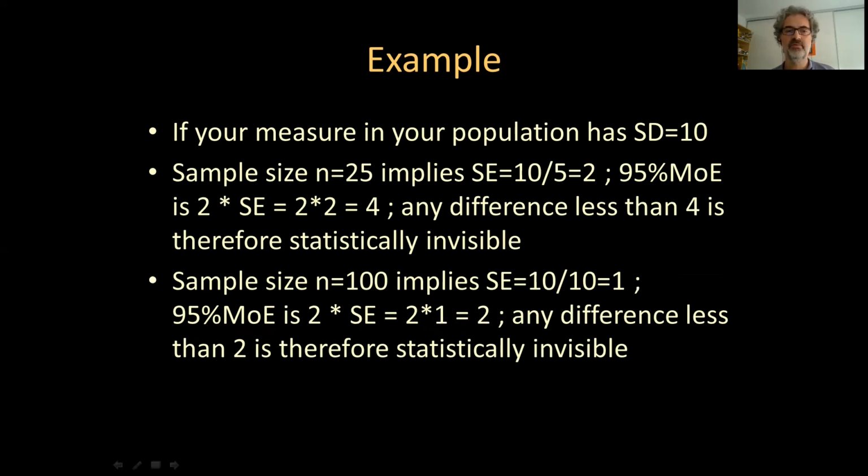The margin of error would be equal to 2, so you will not be able to see any difference that is less than 2 because it would lie within your confidence interval and you will not be able to exclude it. But now you will be able to discern differences that are less than 2 as long as they're greater than 1. So the larger sample size allows you to see smaller effects.